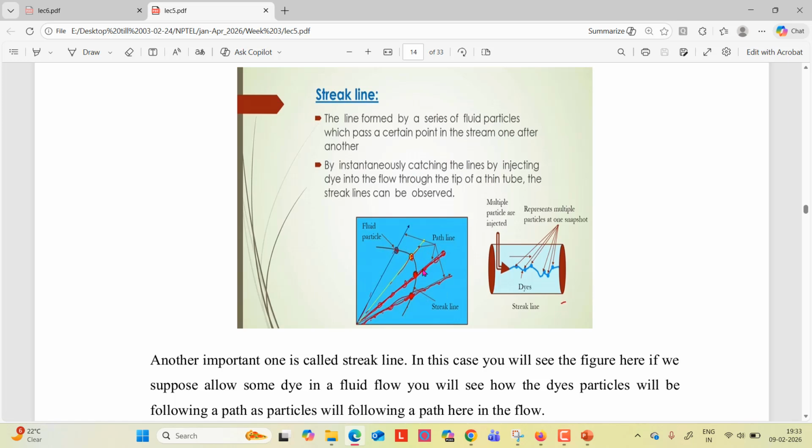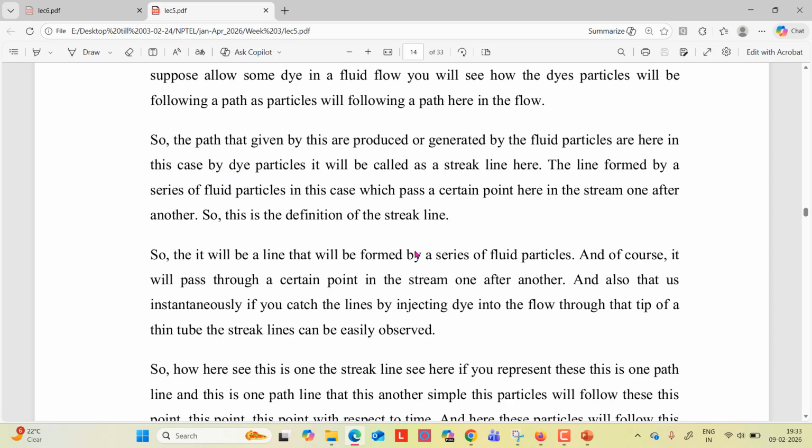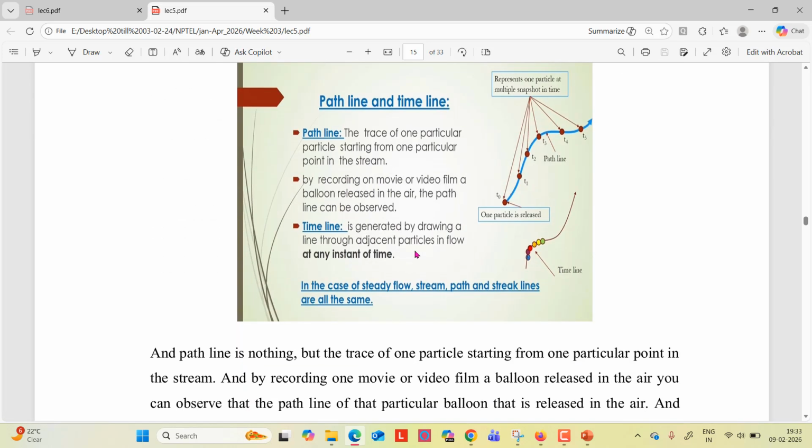And a series of particles are sent into the fluid and it is crossing a certain point one after another, and that line is following a parabola kind of line. This is called a streak line, right? Then comes your timeline. So path line is the trace of one particle and streak line is the trace of multiple particles.